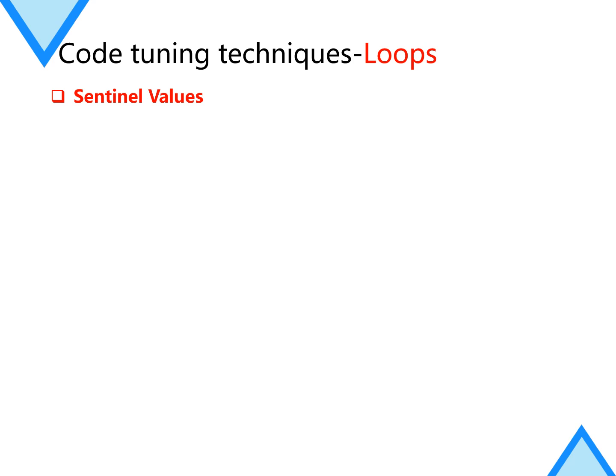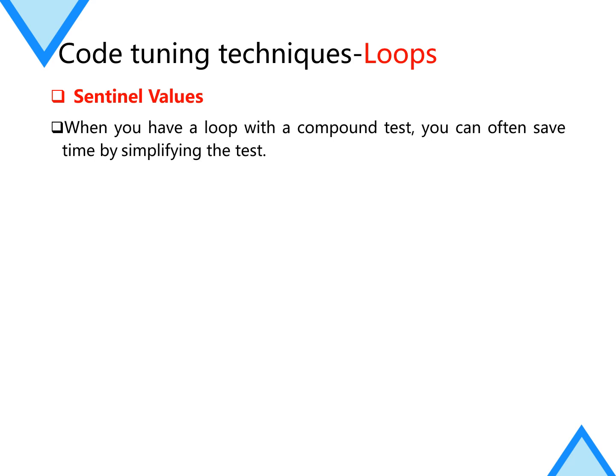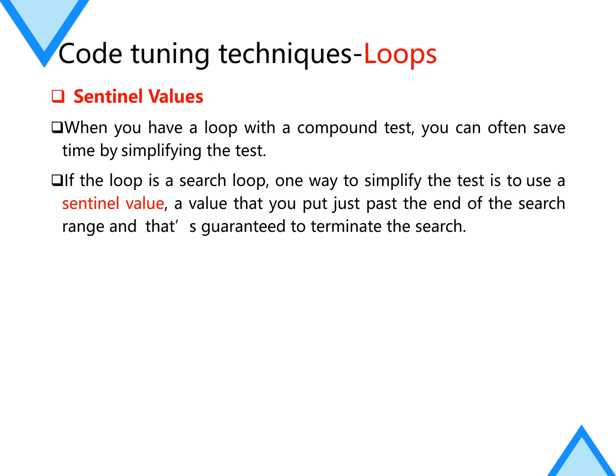The fifth technique to make the loop faster is the use of sentinel values. When you have a loop with a compound test, you can often save time by simplifying the test. So sometimes we simplify the compound test and increase the efficiency of the loop.